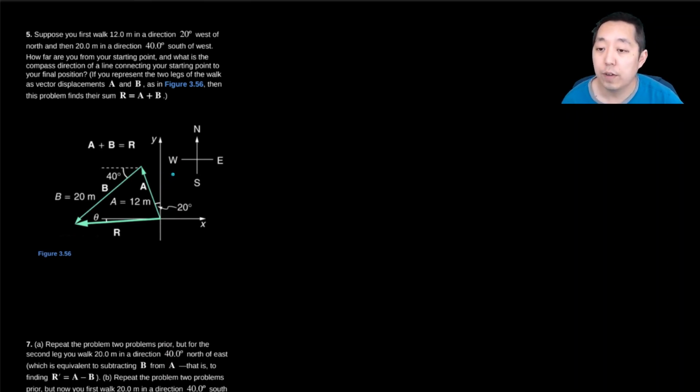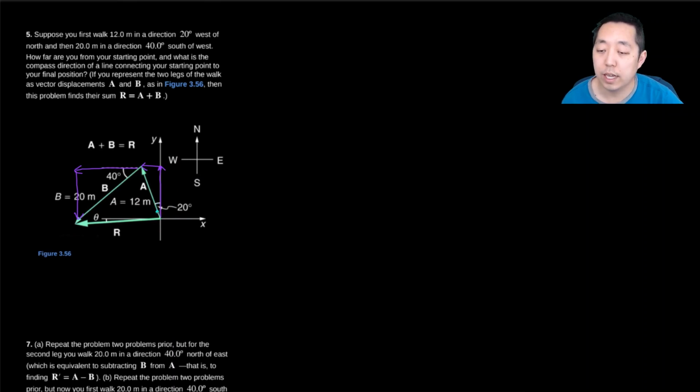Okay, so if I wanted to break this vector into its vertical and horizontal components, I'm going to have a vector north here and a vector west here. And then for this vector, we have a vector west here and a vector south here. Now, how do I know what each of these components of the vectors are?